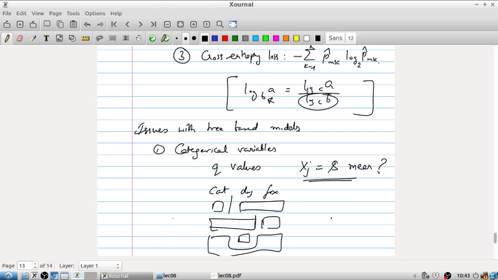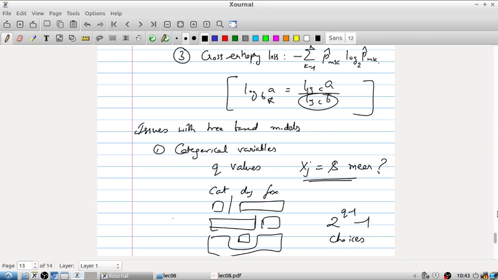In general, there are 2 to the power q minus 1, minus 1 choices. Here q is 3, so there are 3 choices of splitting. This is how you try to split categorical variables.